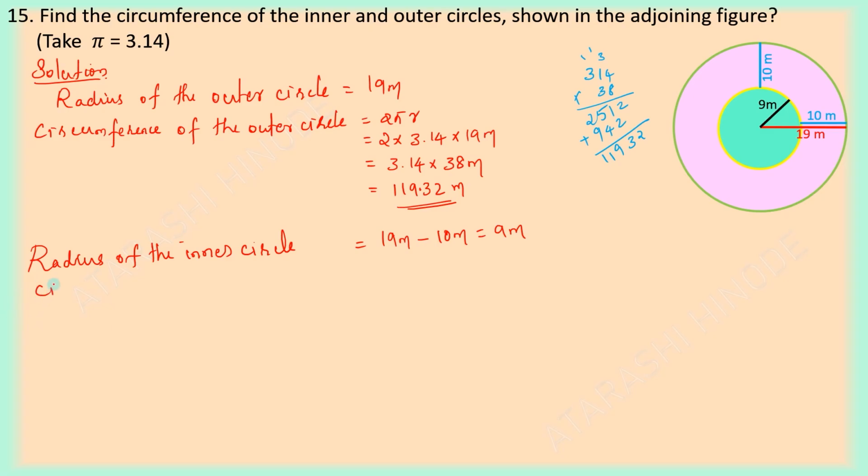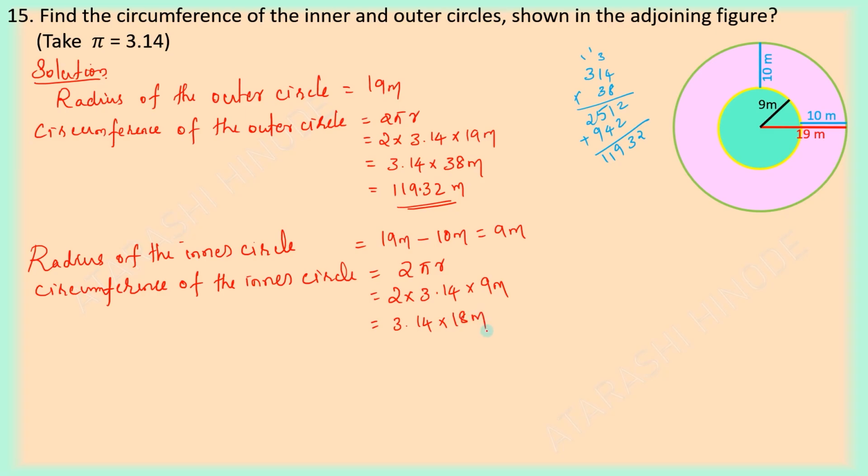Now circumference of the inner circle equal to, formula is 2 pi r, that is equal to 2 into pi is 3.14 into radius is 9 meters, that is equal to, first let us multiply 2 and 9, 2 9s are 18, so it will be 3.14 into 18 meters.